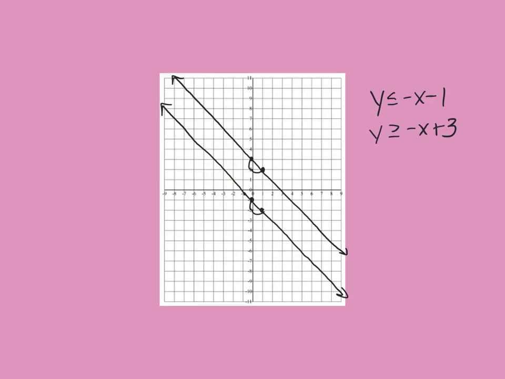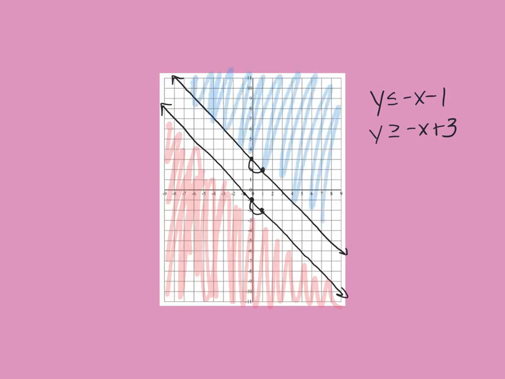Y is less than, so I will shade below. And on the top one, y is greater than, so I will shade above. And the red and the blue do not overlap, so in this case, our answer would be no solution. They do not overlap.